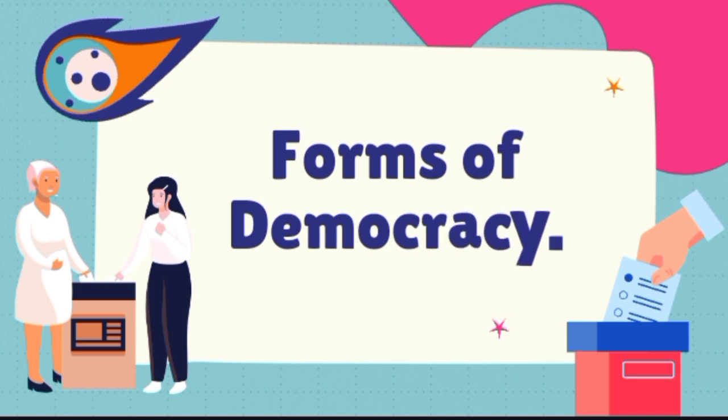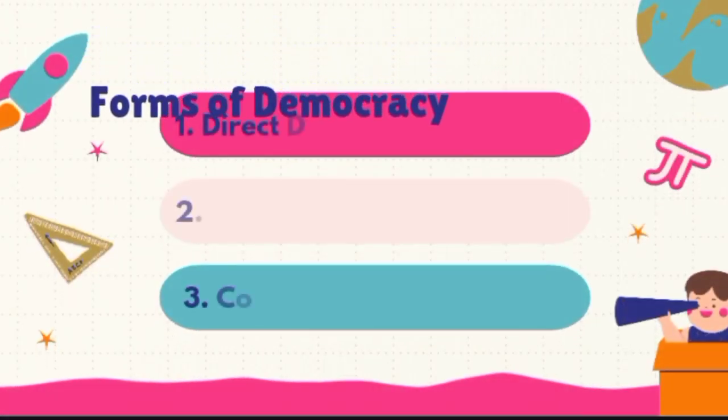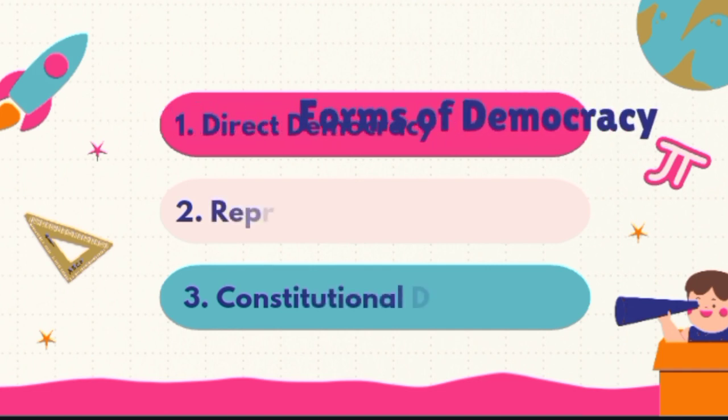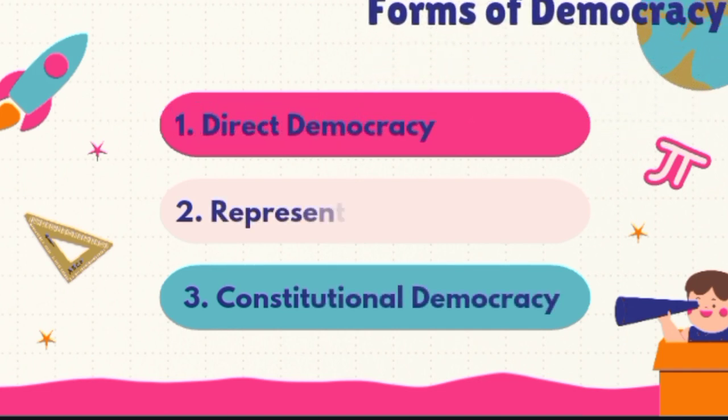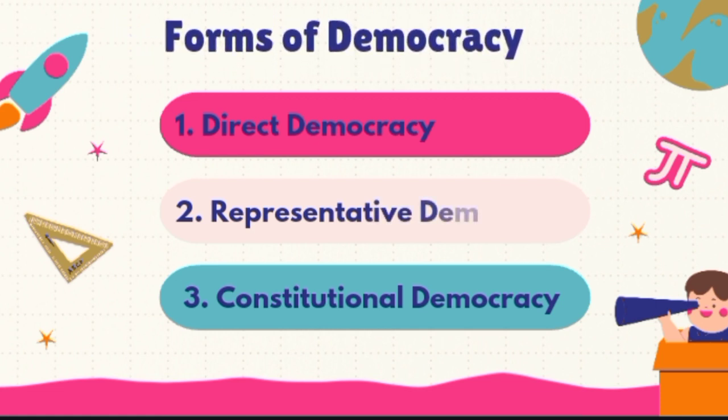There are basically three forms of democracy, and they are the direct democracy, the indirect or representative democracy, and the constitutional democracy. These are the forms of democracy.